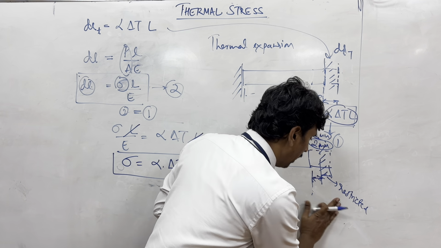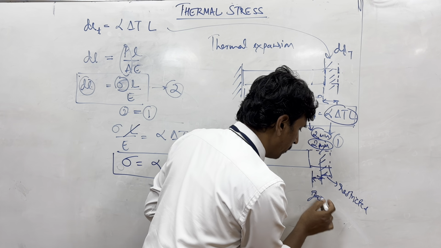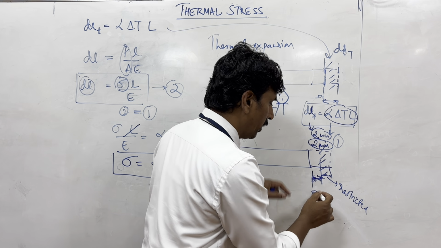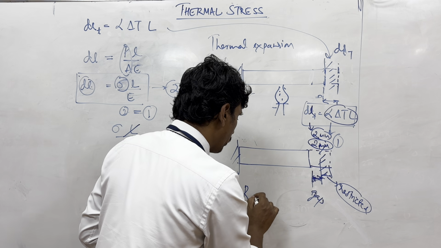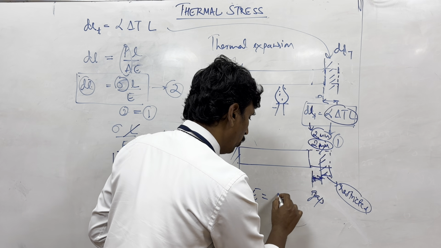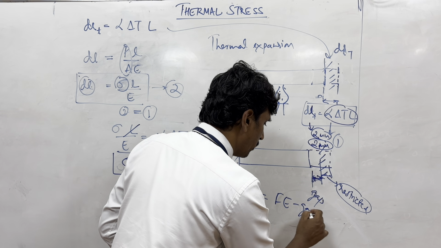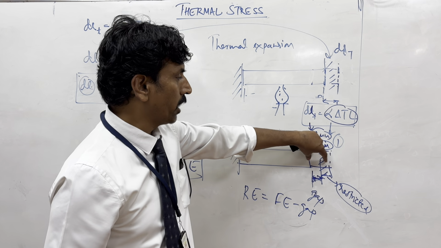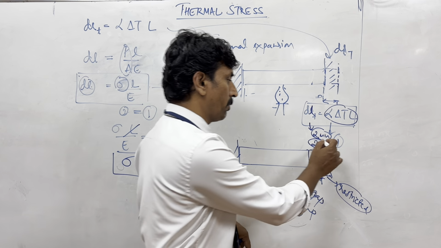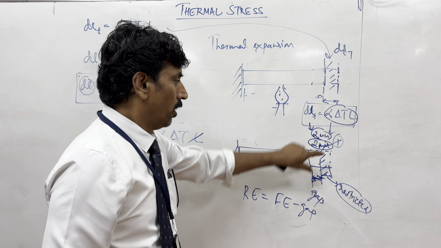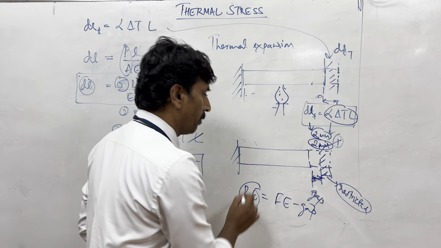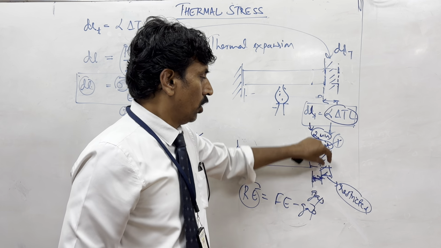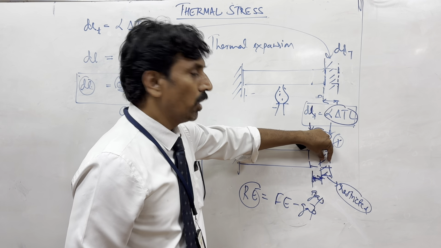So you can say that, if you call this the gap, then restricted expansion is equal to free expansion minus gap. Free expansion means if it was allowed to expand, it would have expanded by 2 mm. Minus the gap, that will give you the restricted expansion. So the body is restricted to expand by 1 mm.